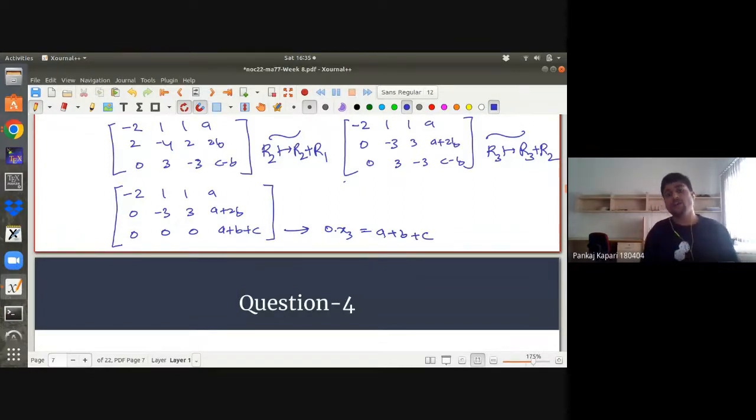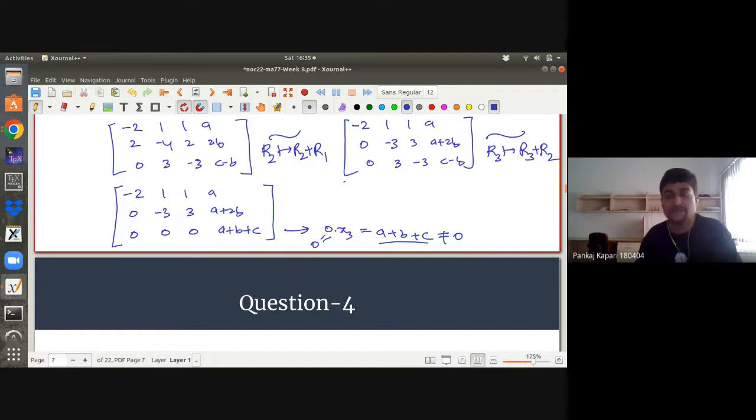Now notice that if a plus b plus c is non-zero, then the right hand side is non-zero, but 0 times x3 is always 0, right? And a non-zero entry cannot be 0. So that is the contradiction here.